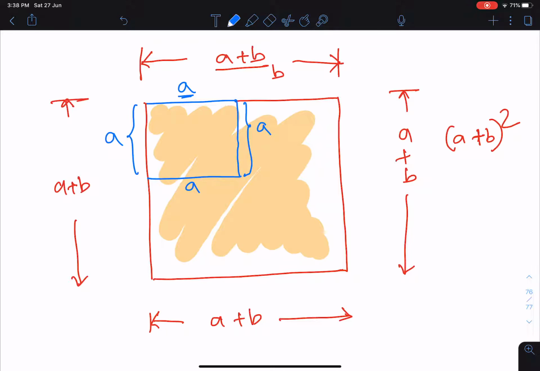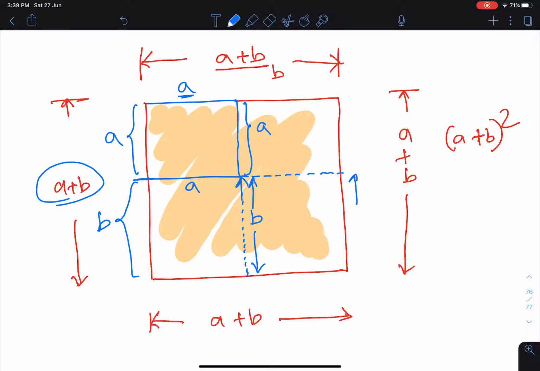Now if you extend this line up to here and extend this line up to here, what is this length? As the total is a plus b and this is a, this will surely be b. This length will be my b, right? And this is also b, because the same thing is happening here. Total up to this is a, and then the rest will be my b.